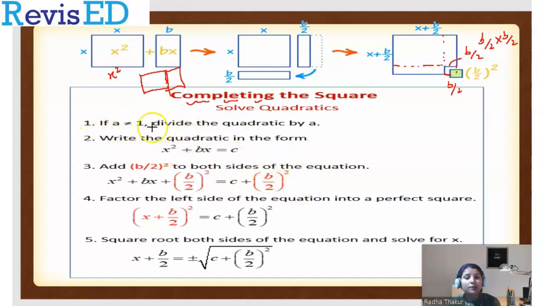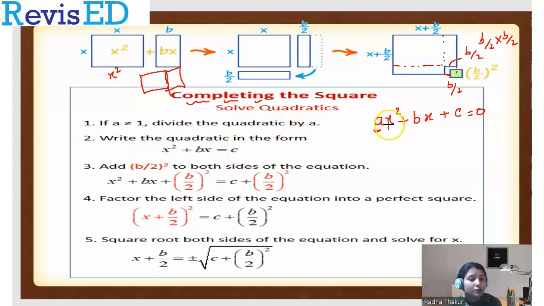First step: the general format of a quadratic equation is ax square plus bx plus c equals 0. Here a is the coefficient of x square.